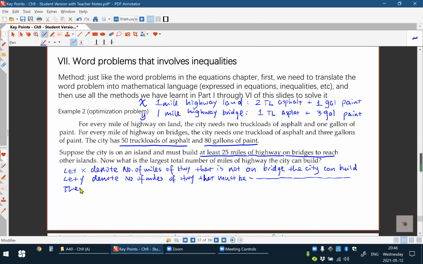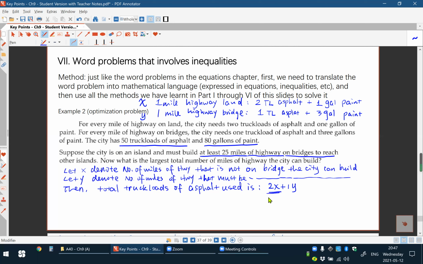Then we know that the total truckloads of asphalt used is 2x plus 1y, right? Do you see why? Because for 1 mile of highway that is not on bridge, we need 2 truckloads of asphalt, right?